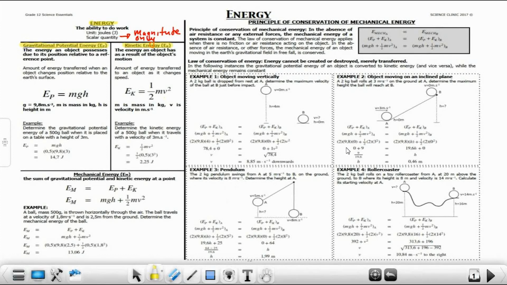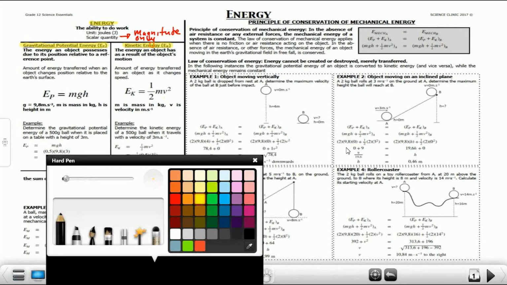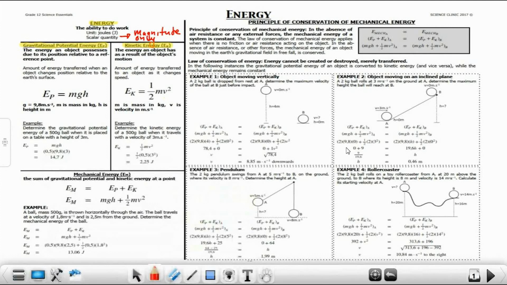The difference is that gravitational potential energy is the energy an object possesses due to its position relative to a reference point. So we are looking at an energy that an object will possess or have due to its position.